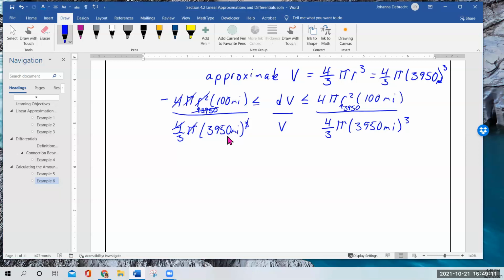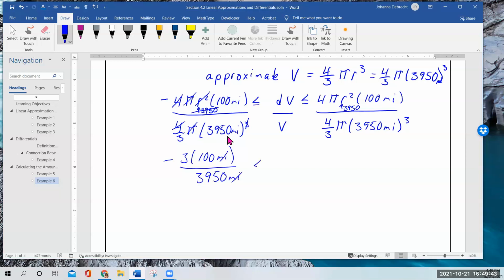This 3 will flip to the top since the denominator of the denominator is the numerator, or the bottom of the bottom is the top. This will give us a negative 3 times 100 with the miles on both, and they'll cancel. Since our units cancel, it results in just a number, which gives us the error. This is going to be divided by 3,950 miles, so the miles cancels the miles.